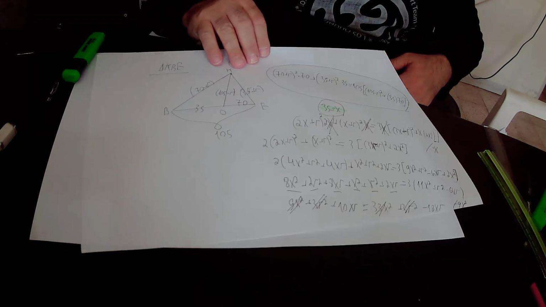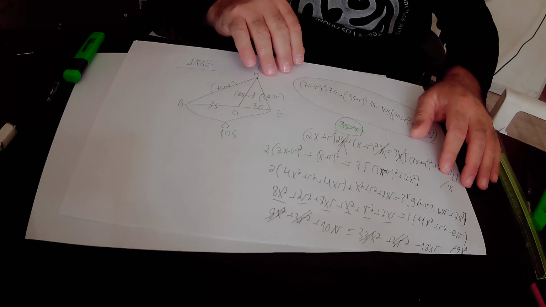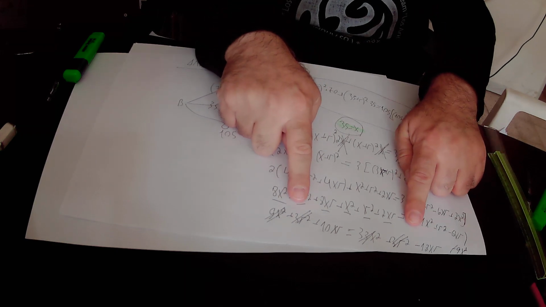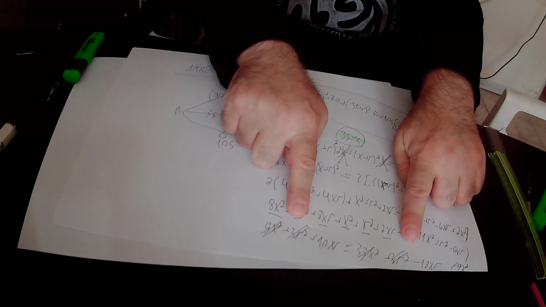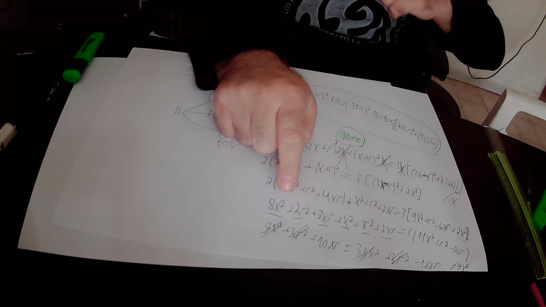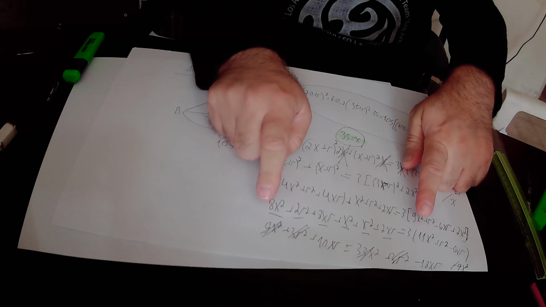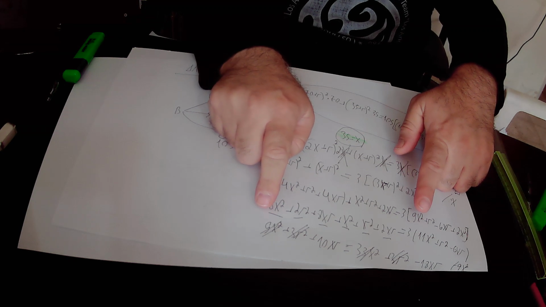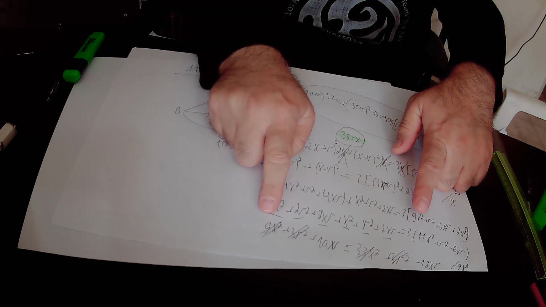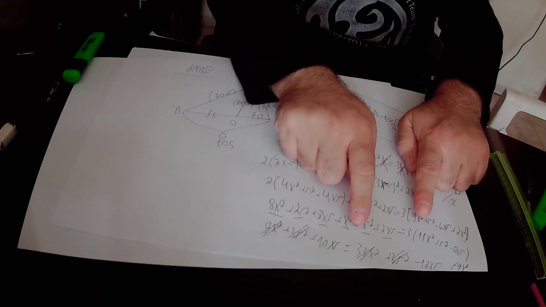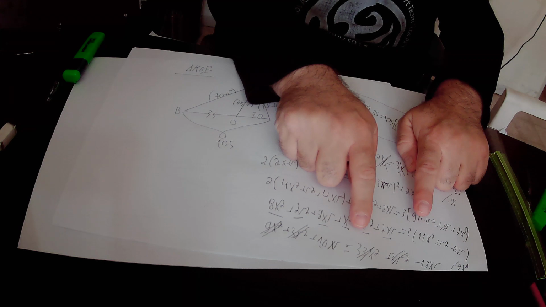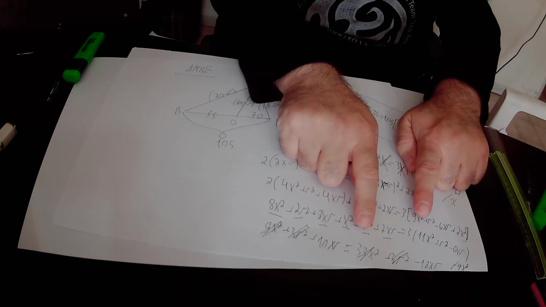In the next step, we have 3R squared on both sides of the equation, so 3R squared will get cancelled. In the next step, we subtracted 9x squared from this equation. 9x squared minus 9x squared is 0. On the other side of the equation, we have 33x squared minus 9x squared, which is 24x squared.